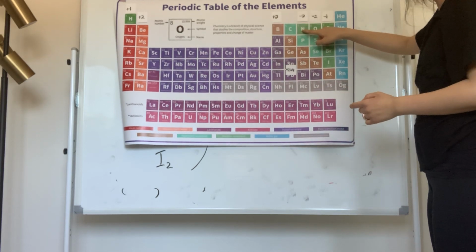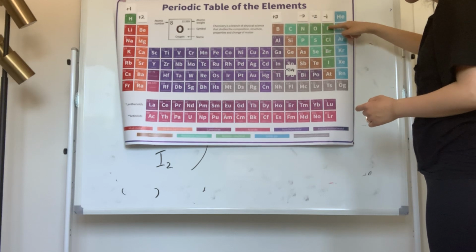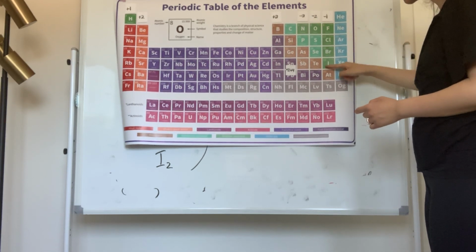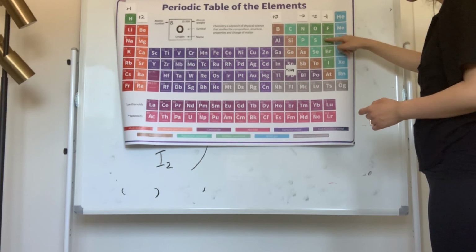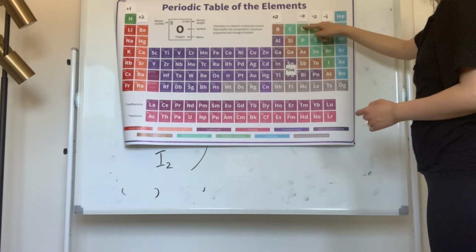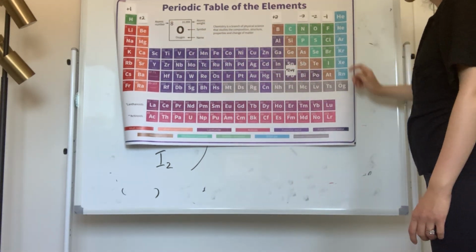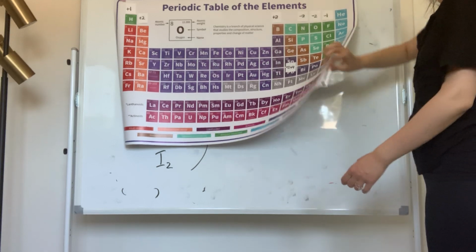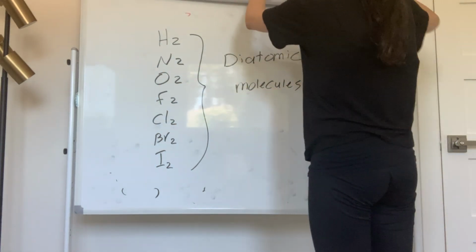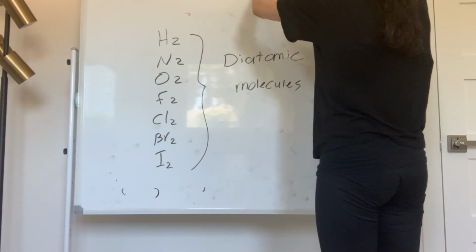So it's N, O, F, Cl, Br, and I. You see kind of like an upside down L. So it's hydrogen and then an upside down L. This one right here, you see the green over here? These are my diatomic molecule and of course hydrogen. So my green over here, diatomic molecules. That's how they exist in nature. So even though two nonmetals together, I'm not really using the prefixes for them.